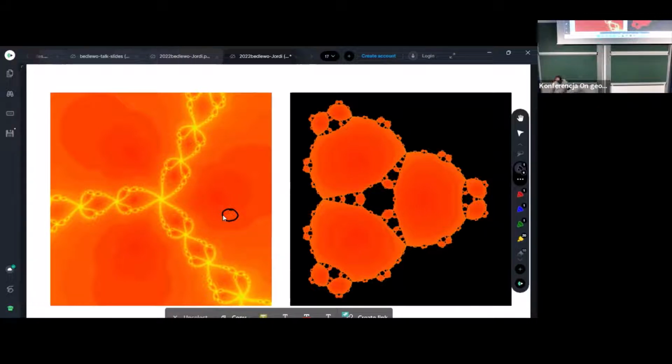But what I want to notice here is that, as I said, we have the 1, 2, and 3 roots of unity, which are super attracting fixed points. You have them here to the left, and the same to the right. A very, very different feature of these root finding algorithms with respect to Newton, for instance, is that infinity can be attracting.